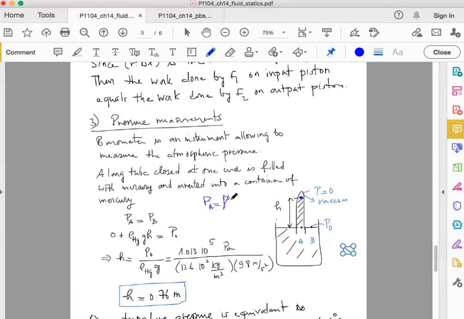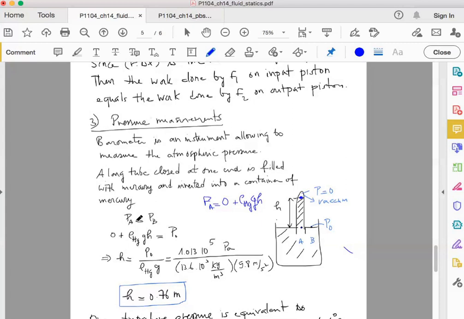The pressure is simply 0. I will just write it down. Plus the pressure exerted by this column of mercury on top of the point A, according to the fundamental relation of hydrostatics. So it's given by rho of the mercury multiplied by g multiplied by H.